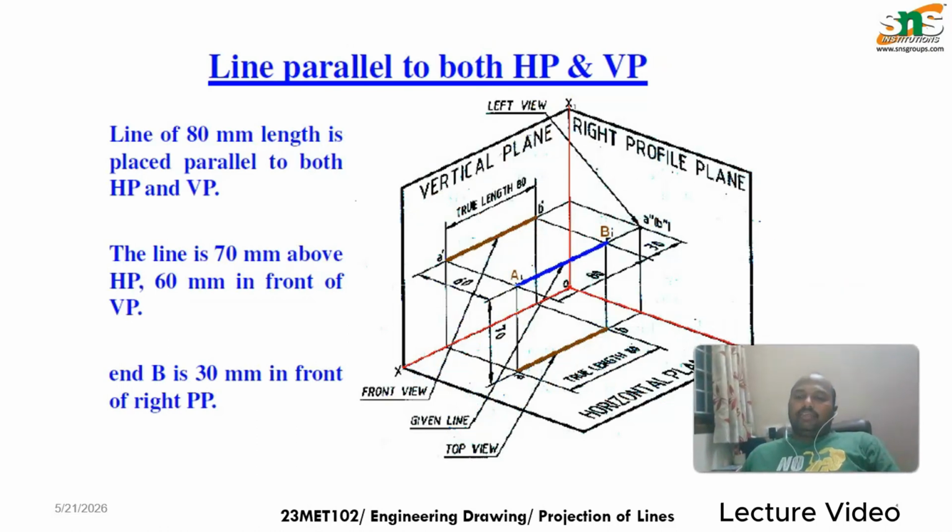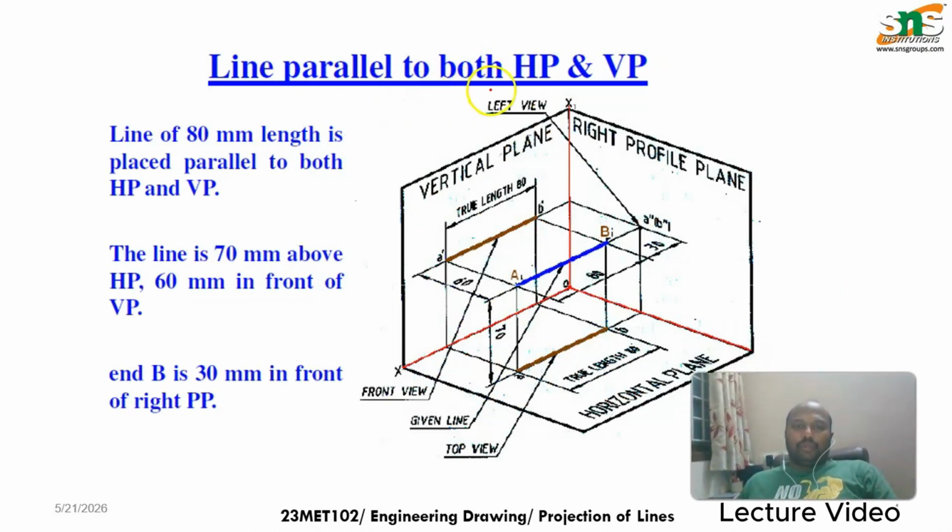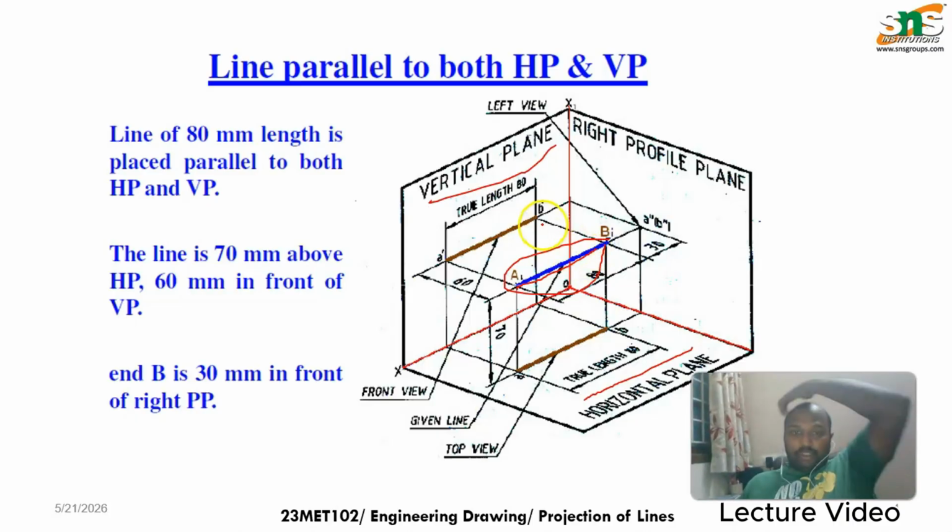The next thing you are going to see is the line parallel to both planes. If you take the vertical plane and the horizontal plane, the line should be parallel to both planes. Now you can see the line is drawn like this. If you take the projection, the line AB's projection can be seen as a dash b dash in the front view, and in the same way it can be seen from the top as a and b.